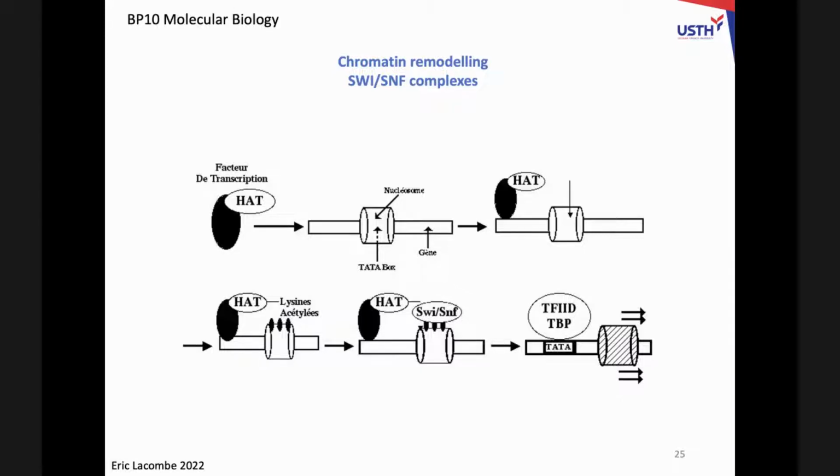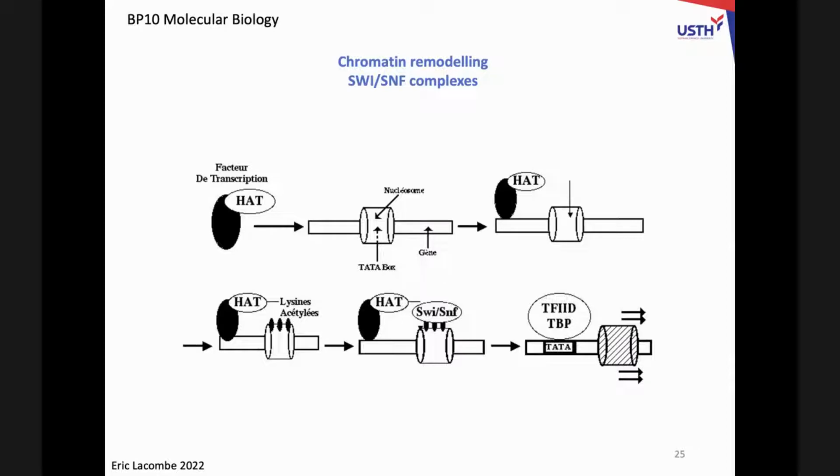But we saw also that there is some specificity, some situations in which we are in a place in the genome that is composed only of heterochromatin, but in this locus in the genome, we need to have a gene that can be expressed.